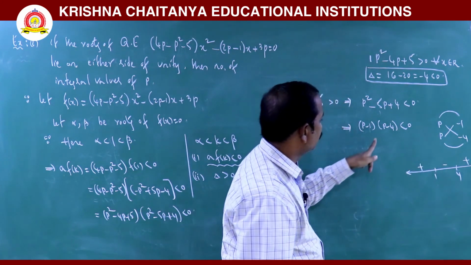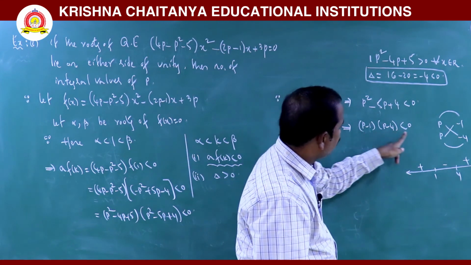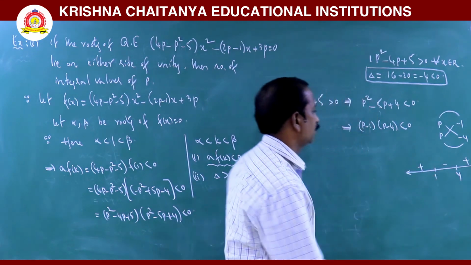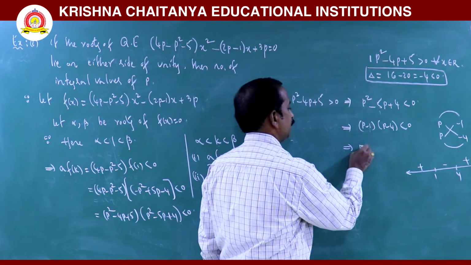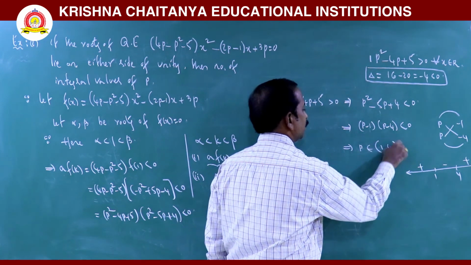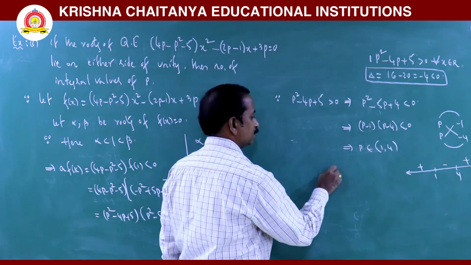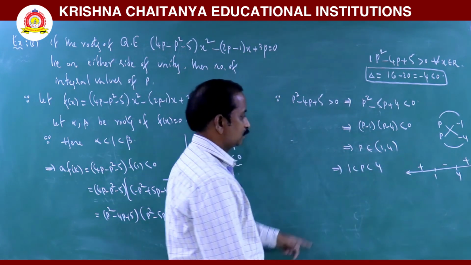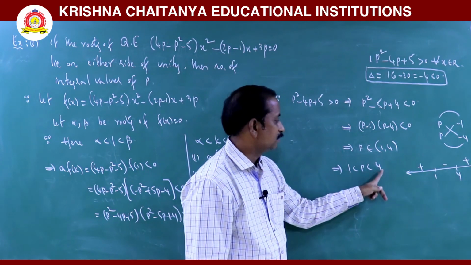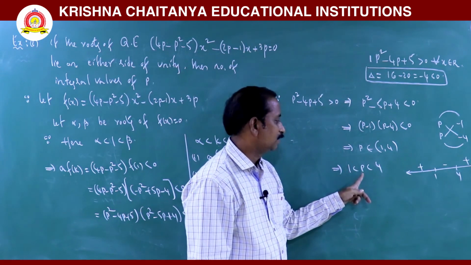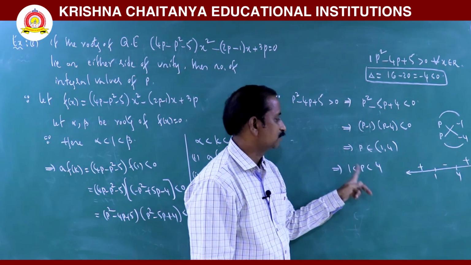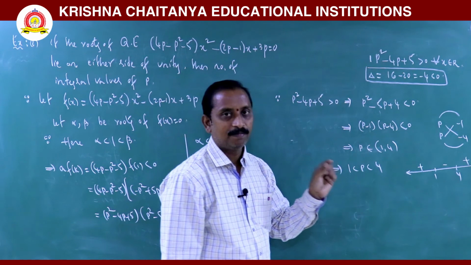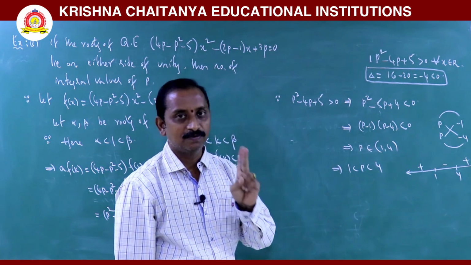But we need the quadratic inequality to be negative, which lies between 1 and 4. Therefore p belongs to the open interval (1, 4), that is 1 less than p less than 4. The integral values between them are 2 and 3, so the number of integral values is only 2.